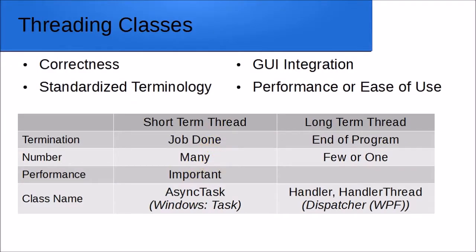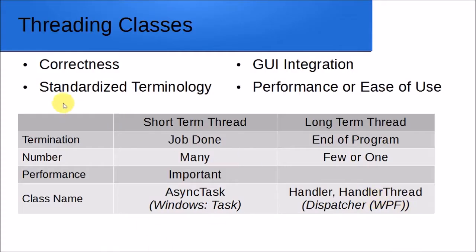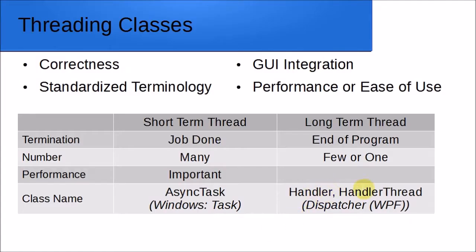In this particular framework, they provided us with this, so we have standardized terminology and something known to be correctly done. So in the example, I'm not going to code like this. I'll be using the handler and the handler thread.